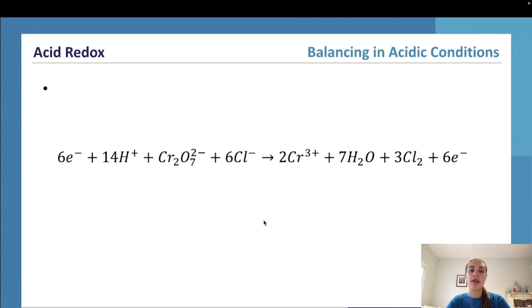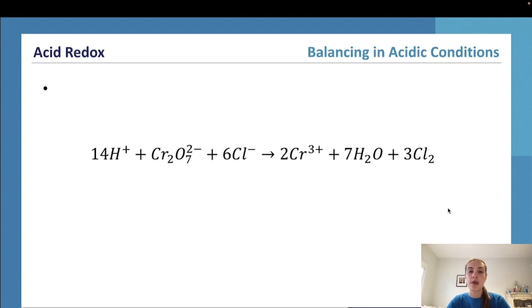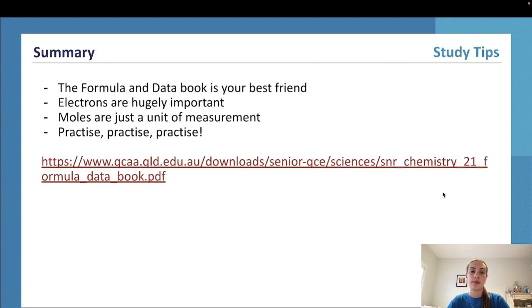We can take that off that side and that off that side. And that simplifies it down to our final reaction of 14 H+ plus dichromate plus 6 chlorine ions makes 2 chromium ions plus 7 H2O plus 3 chlorine. So that is how you balance an acidic redox reaction.